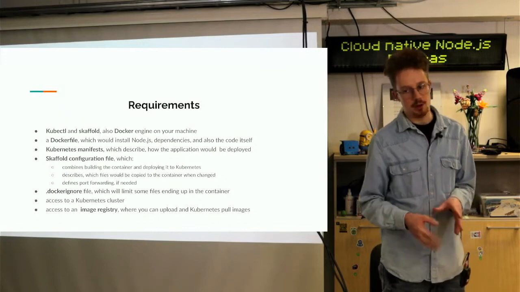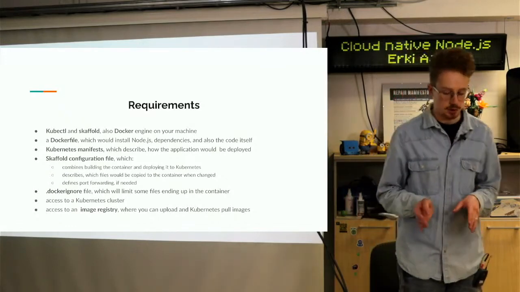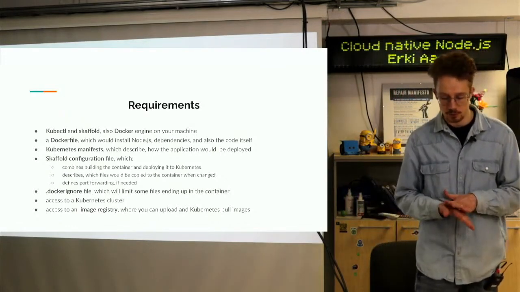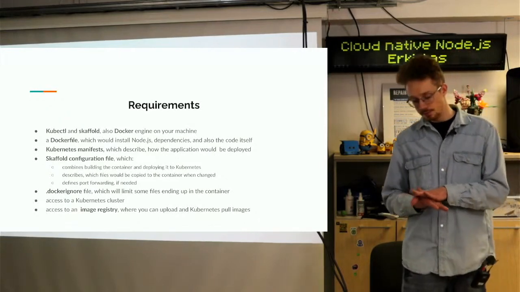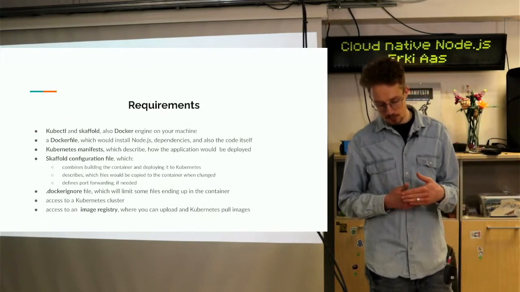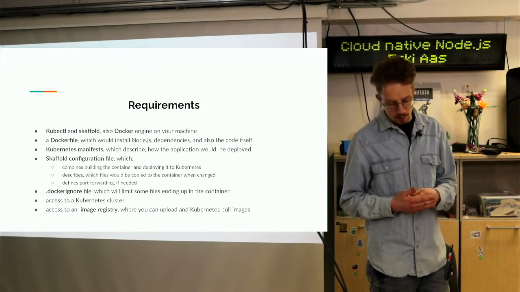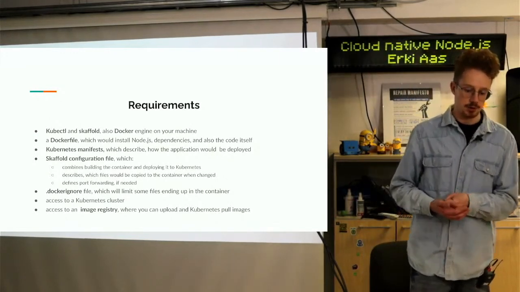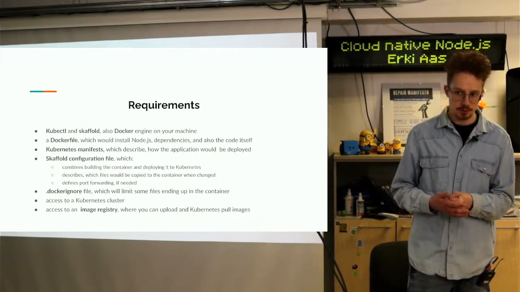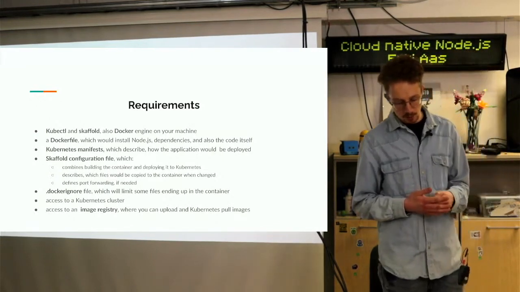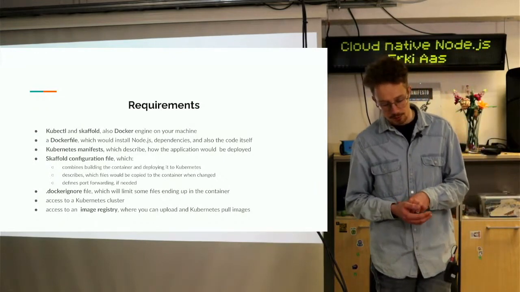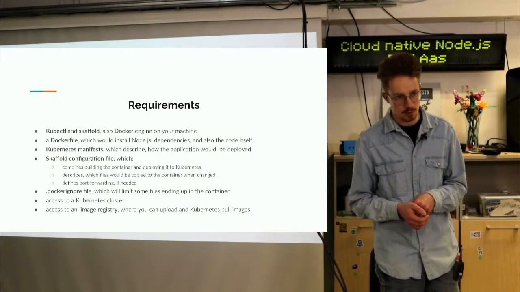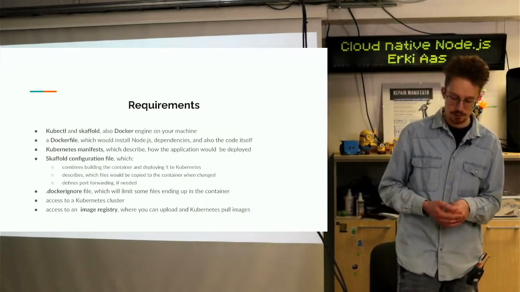It should create the final production image, effectively how it would actually be deployed. So you would also need Kubernetes manifests, of course, to define how this microservice or application is deployed in Kubernetes.